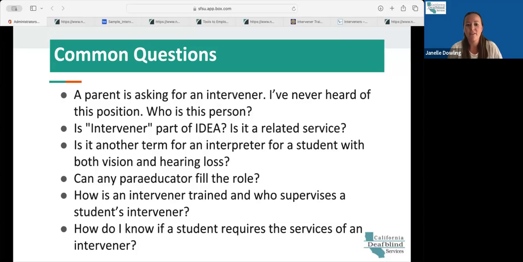Is intervenor part of IDEA? Is it a related service? Is it another term for an intervenor for a student with both vision and hearing loss? Can any paraeducator fill this role? How is an intervenor trained and who supervises a student's intervenor? How do I know if a student requires the services of an intervenor?